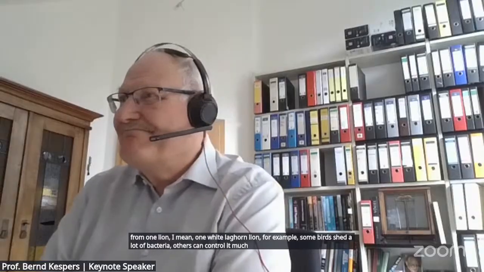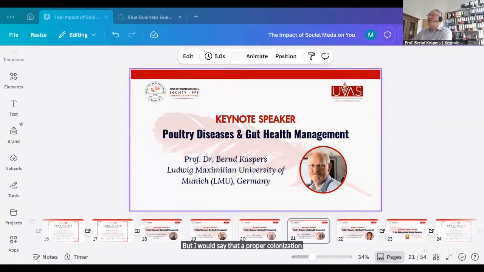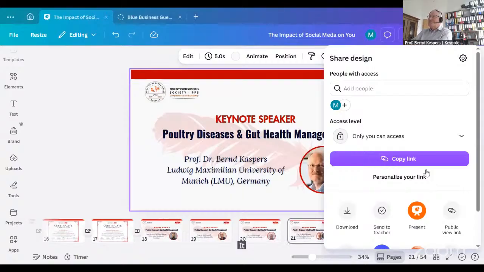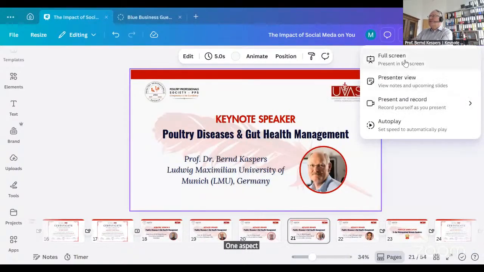And that is maybe due to competitive exclusion, but I don't know. But I would say that a proper colonization early on will definitely help. It's one aspect in the whole system that will definitely help to improve gut health.